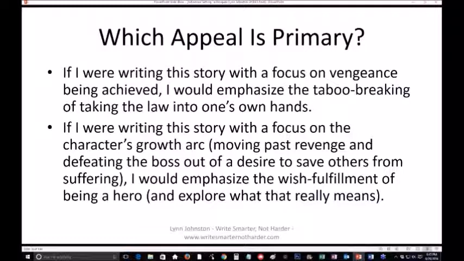Whereas if I were writing this story with a focus on the character's growth arc, where the character maybe needs to move past revenge and defeat the boss to help other people as opposed to just because they're mad, I'm probably going to emphasize the wish fulfillment of being a hero because that gives me an opportunity to explore what being a hero really is. So it's going to support the growth arc, and it's still going to give me that heavy emphasis on wish fulfillment that's going to make readers who want to be heroic more interested in the story.